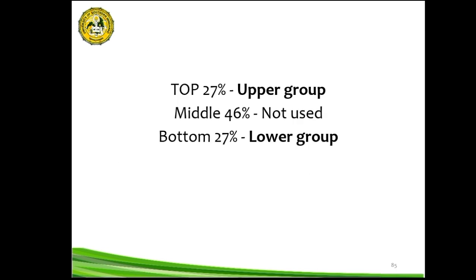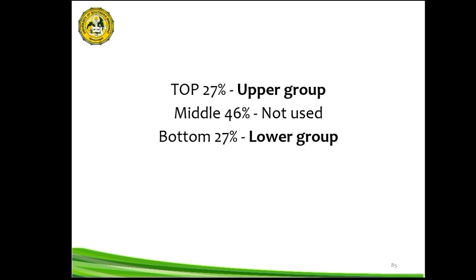To choose your upper group and lower group, you need to get the 27% of the higher group and 27% of the lower group. The remaining 46% will not be used in the analysis.